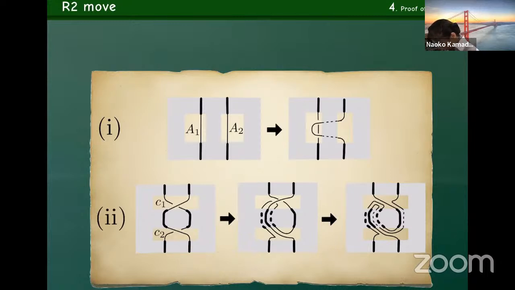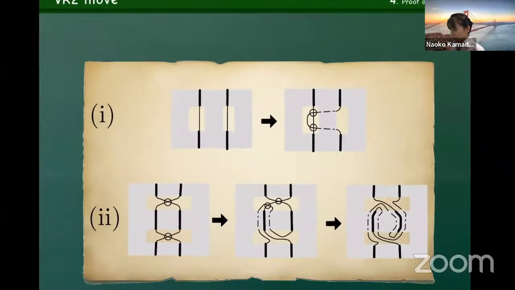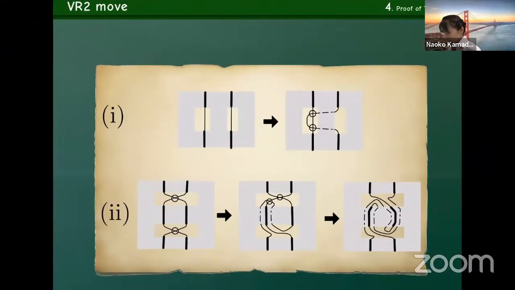After that we use over detour moves here. Then we have this diagram. So we have a result. The VR2 move also works the same way, but we use a virtual finger move and a virtual detour move and a detour move.